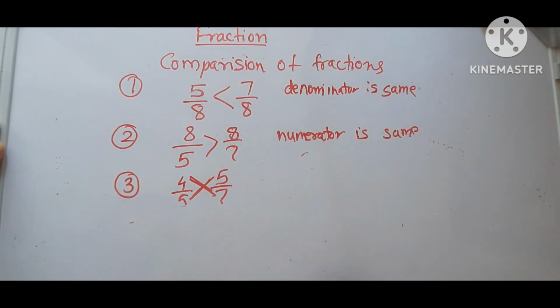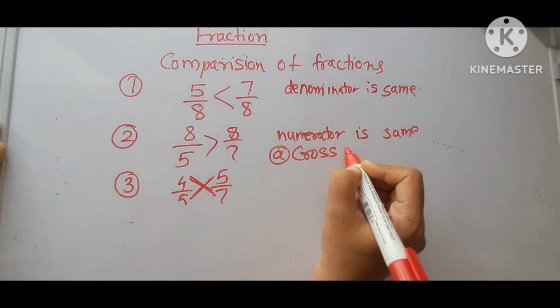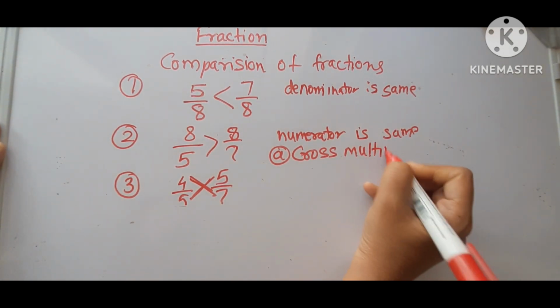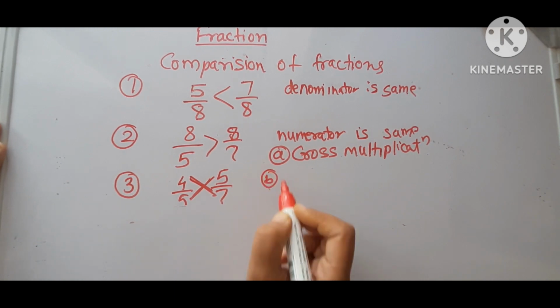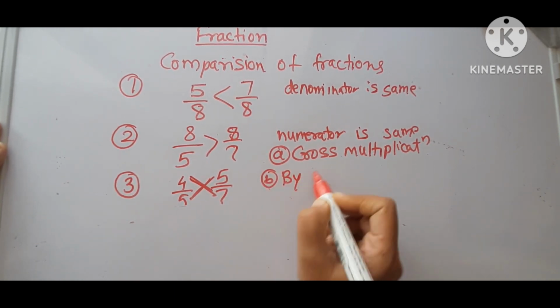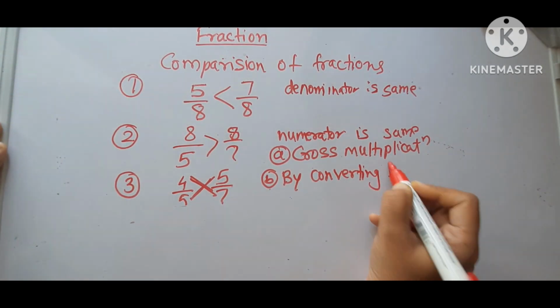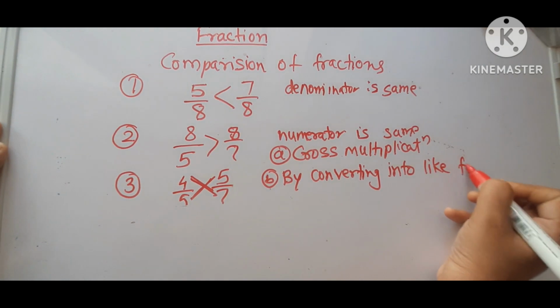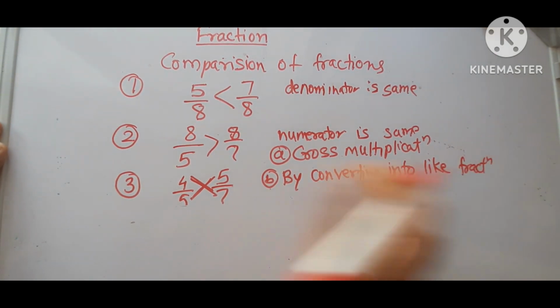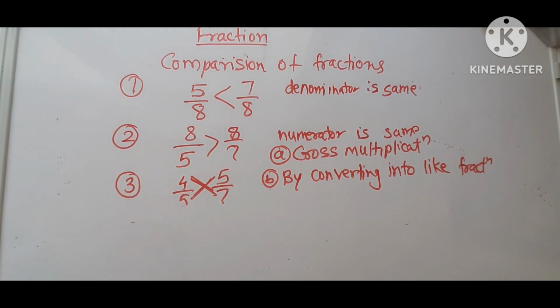The first method which we have seen is cross multiplication. The second method is by converting into like fractions. What are like fractions? When the denominators are the same, we say the fractions are like fractions.